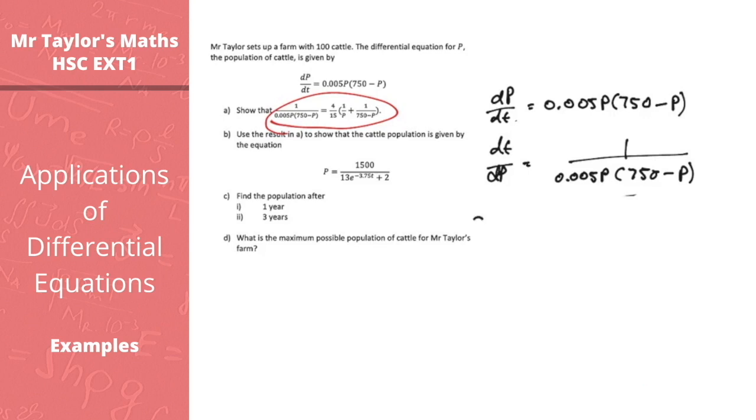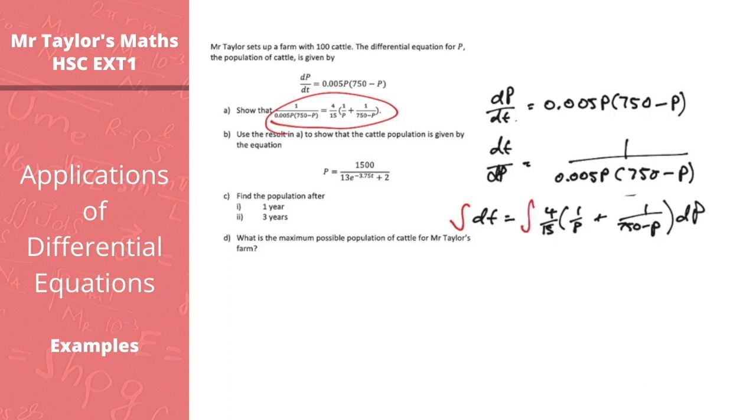I'm going to need the right-hand side. So dt is going to be 4 over 15, 1 over p plus 1 over 750 minus p dp. Okay, then I can integrate both sides.